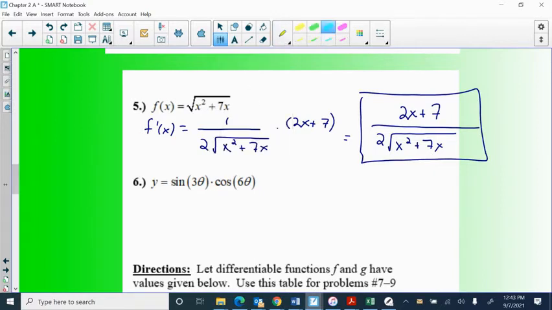Ooh, product rule. Let's obey product rule.